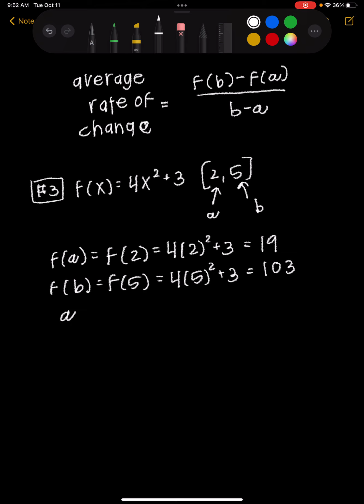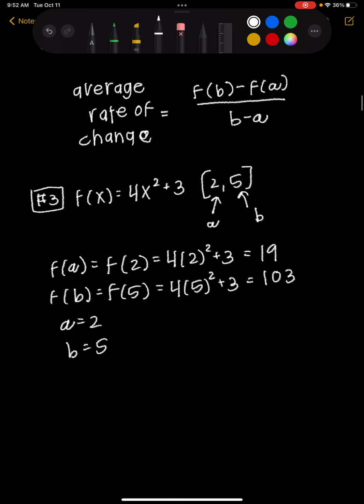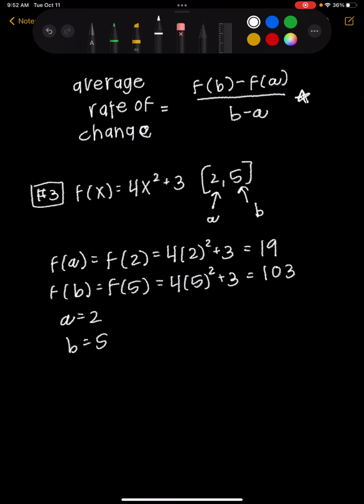And then we know that A is equal to 2 and B is equal to 5. So now all I'm going to do is plug that into this equation. So we start with F of B, which is 103, minus F of A, which is 19, over B minus A, so 5 minus 2.